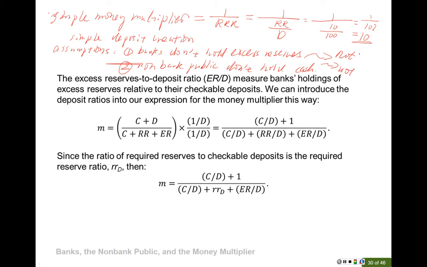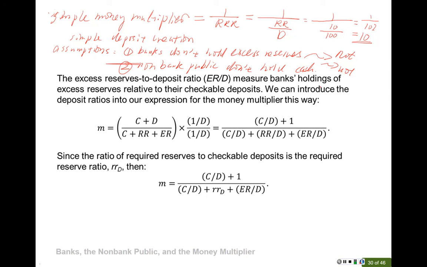If someone comes to withdraw cash, they can use the excess reserves to meet the withdrawal request. The second assumption, that the non-bank public doesn't hold cash, is not realistic either, because in the real world, the public, like households and businesses, actually holds cash instead of putting all the money into bank accounts.